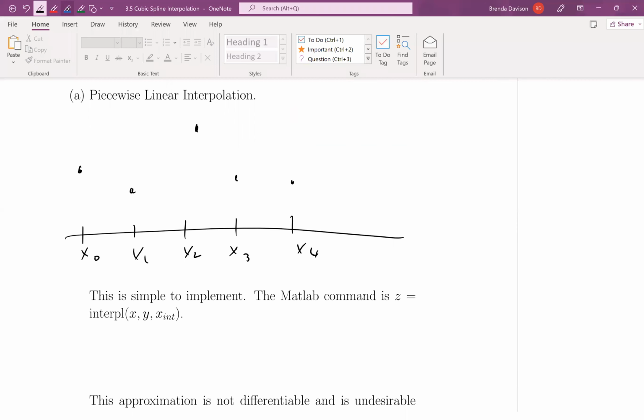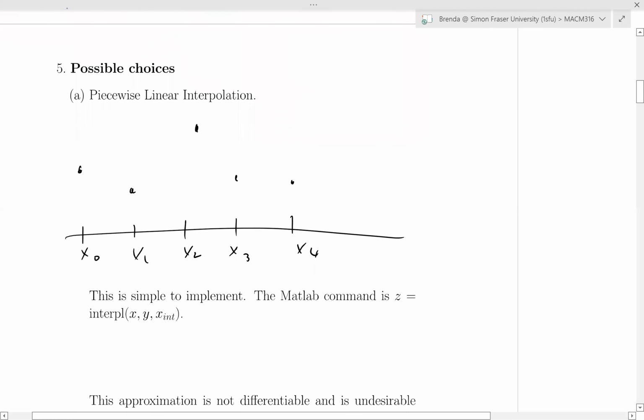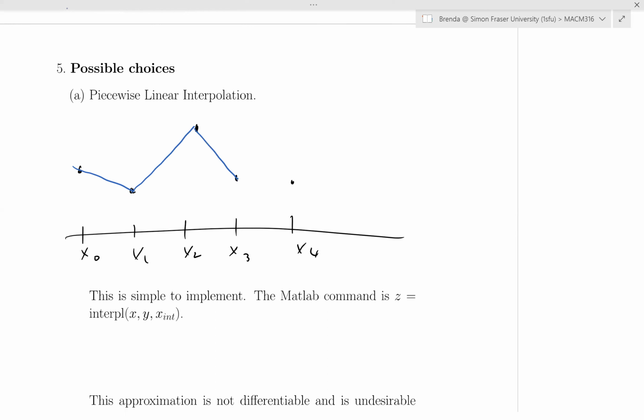I take the first subinterval and fit a line through it, a degree 1 polynomial through 2 data points. Then I take the next subinterval and do the same. This is what people do in grade school: connect the dots. So in this case I have 4 subintervals, each interpolated by a line, a degree 1 polynomial.